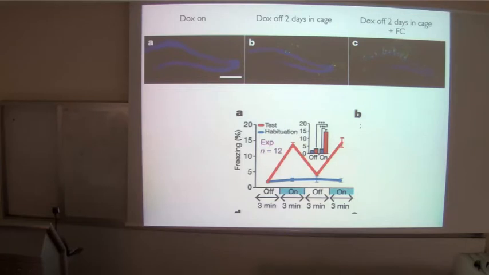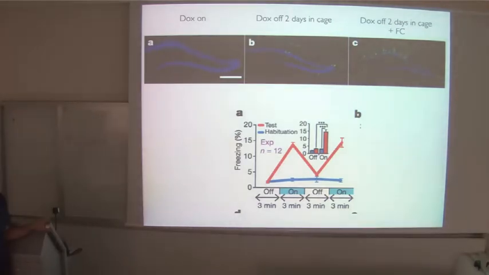It freezes 15% more than a normal mouse in that case. So basically this is almost science fiction. This is the closest you can get to implanting memories artificially in the brain. Okay? 35 years from now, that's a Matrix for you, right?